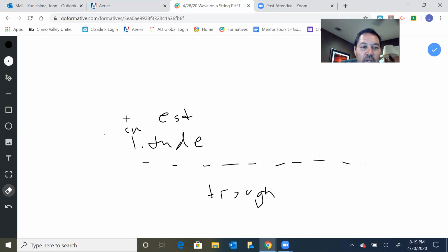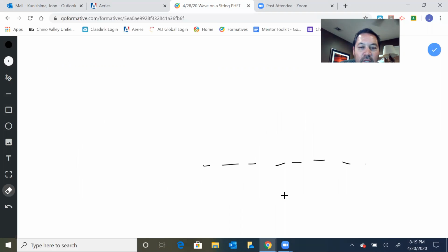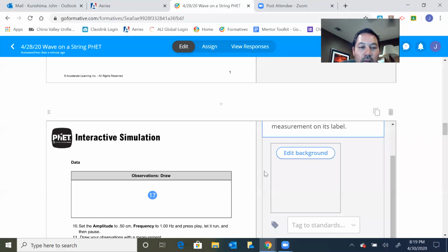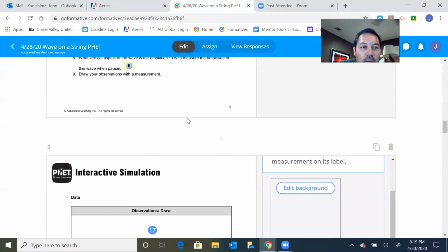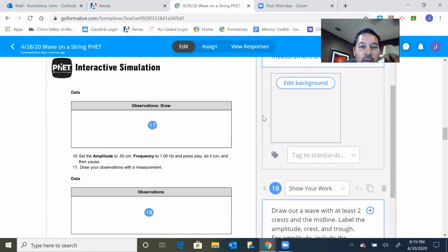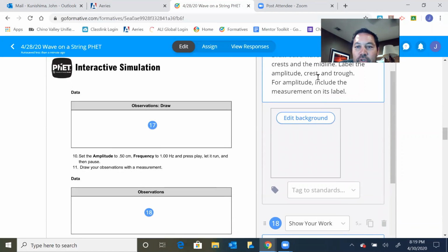So that's what you're going to end up doing for this answer. And I'm going to kind of grade you on whether you get everything labeled or not. So amplitude, crest, trough, and then what is the label?